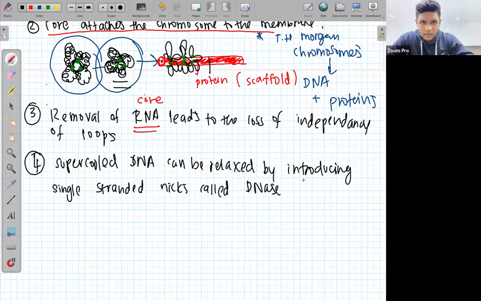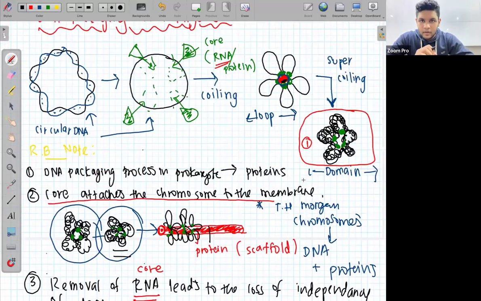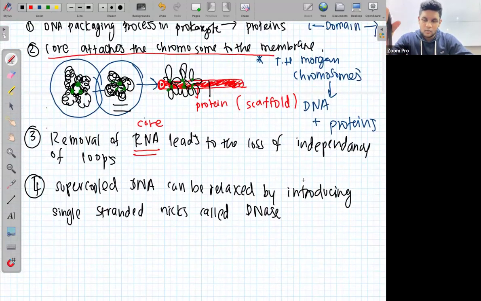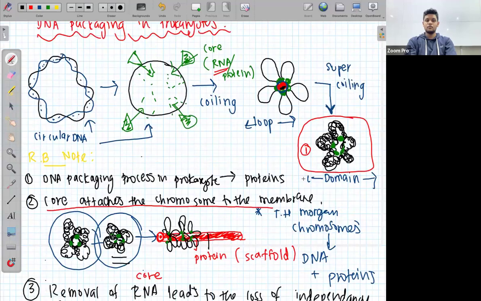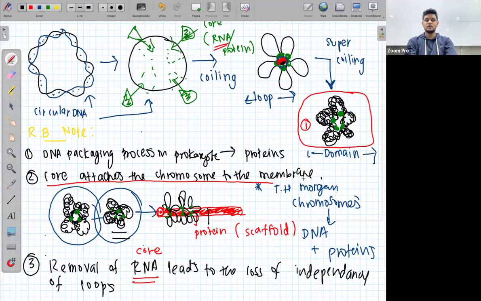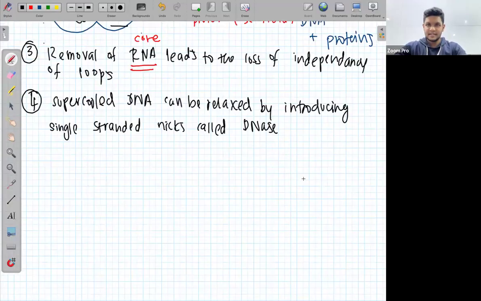Now, can you see, we have obtained completely coiled DNA at the end of DNA packaging. Now they are saying that supercoiled DNA can be relaxed by introducing single-stranded nicks.